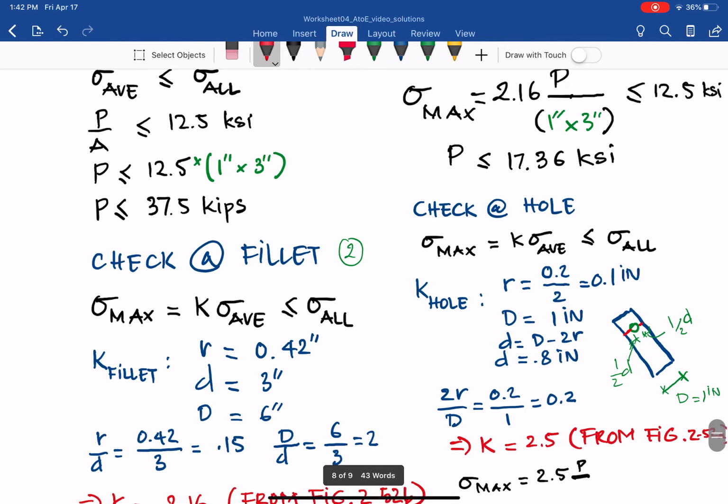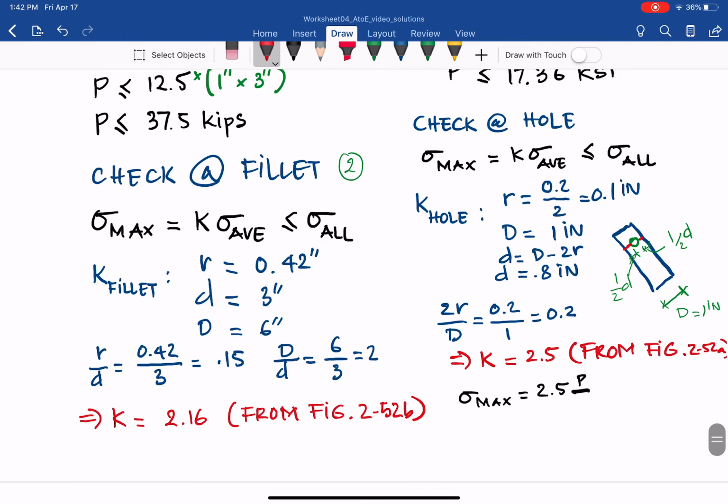So from that we have the area going down here. It will be 6 inches times 0.8 inches, and this has to be less than sigma allowable 12.5, and that we have P less than 24 kips.